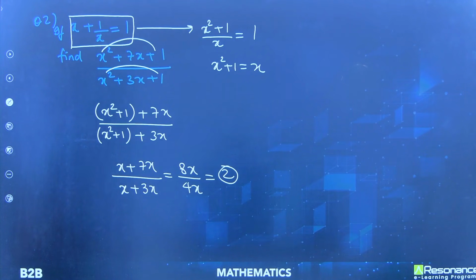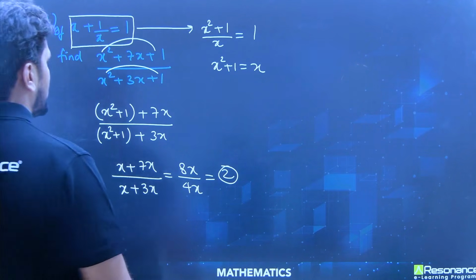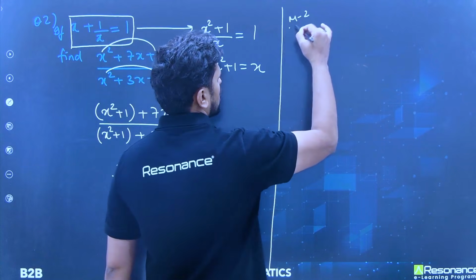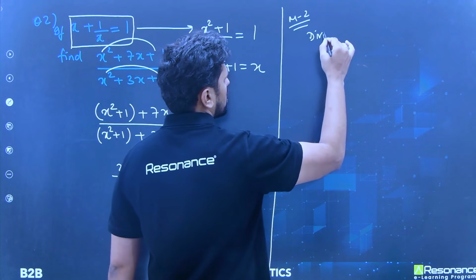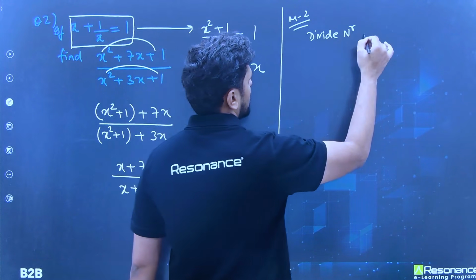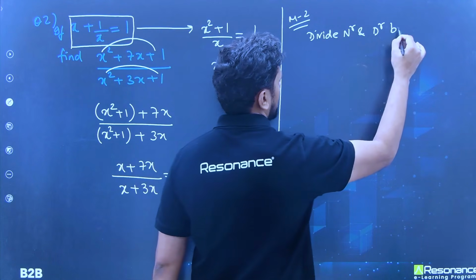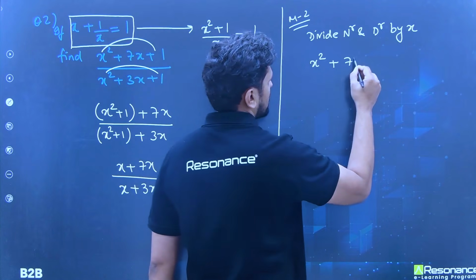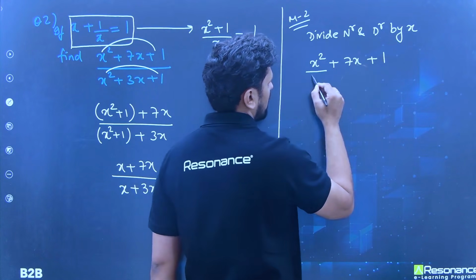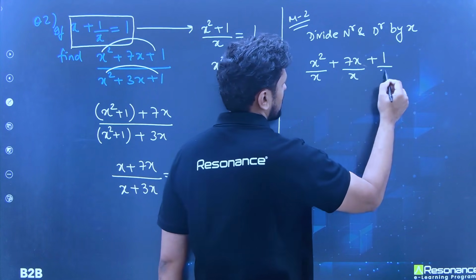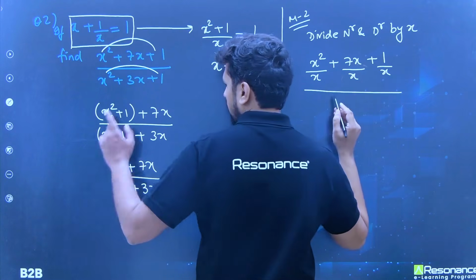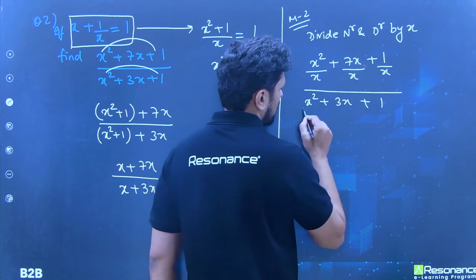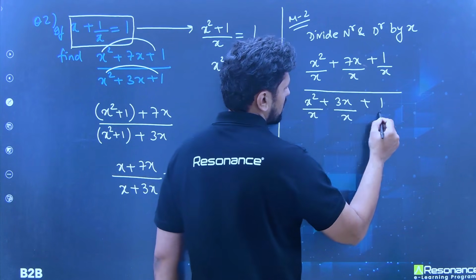Very good. We can do it also by dividing numerator and denominator by x. So it will be x square plus 7x plus 1, divide everything by x in the numerator, and it was x square plus 3x plus 1, divide everything by x in the denominator.